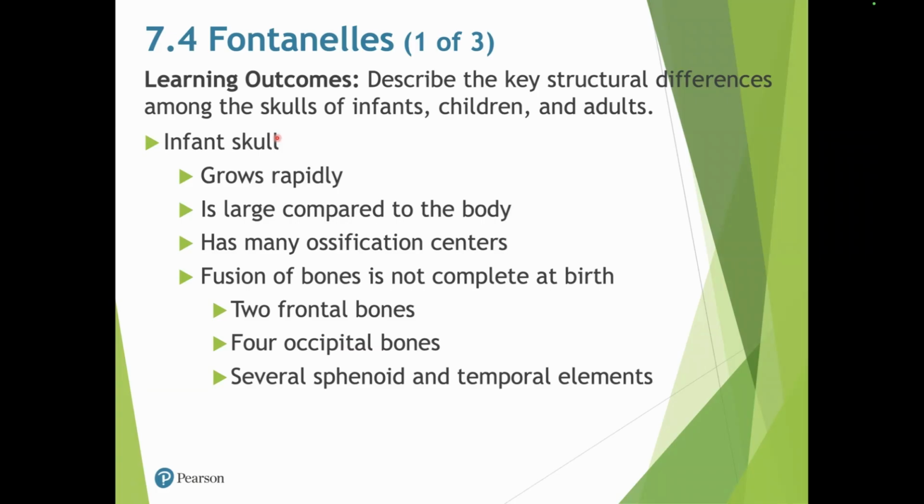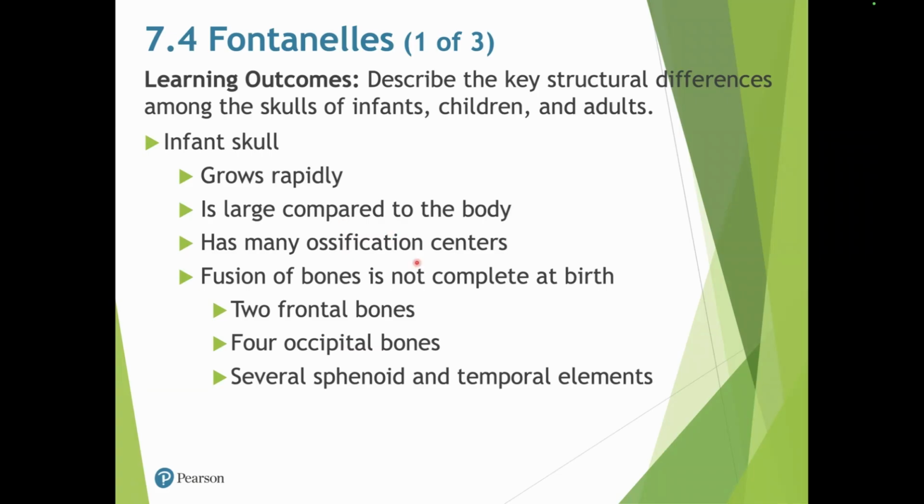Many ossification centers, which means it's not just growing in one direction in one place. It is growing in many directions, in many places. And the ossification is eventually going to meet and connect and find each other as that skull nears the end of its growth cycle, from older children into adult.